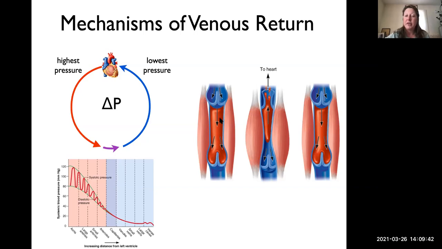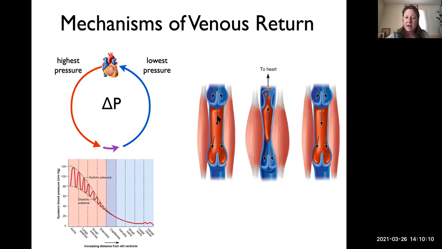And the muscles, the calf muscles that run alongside the veins or that the veins run between. Here you can see the valves inside the veins. And these valves only open when the blood is flowing up, or in the direction that I'm moving the cursor. When blood tries to go back down, the valves close and it prevents the backflow of blood.